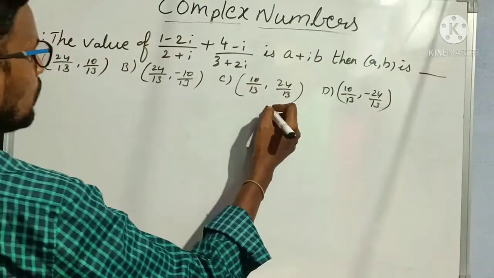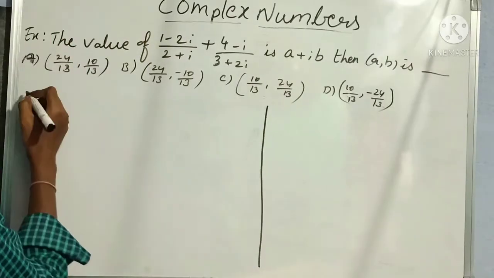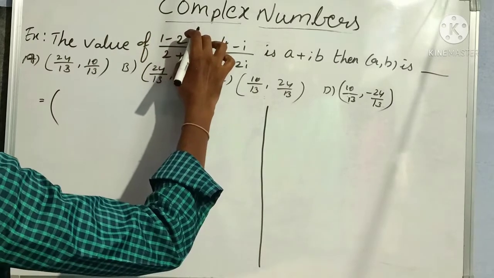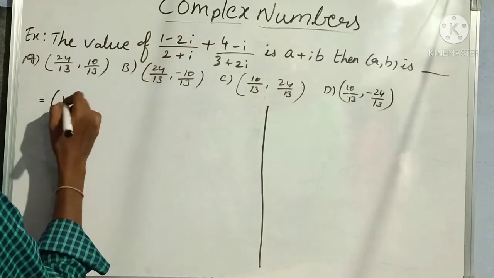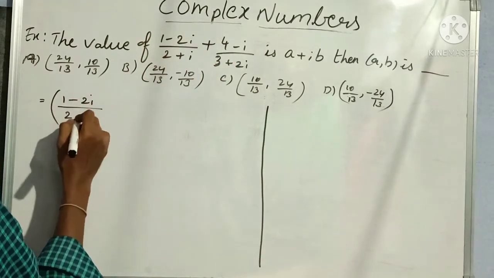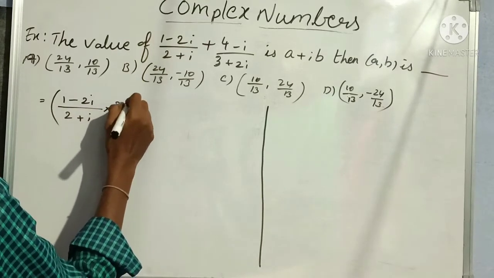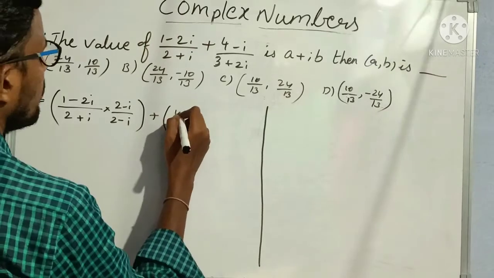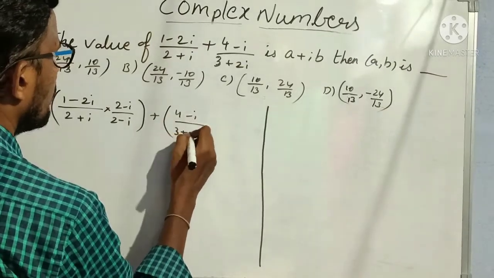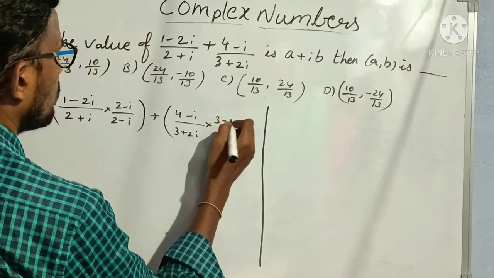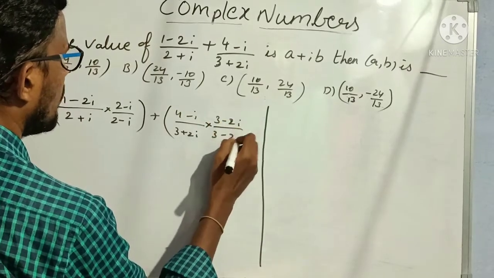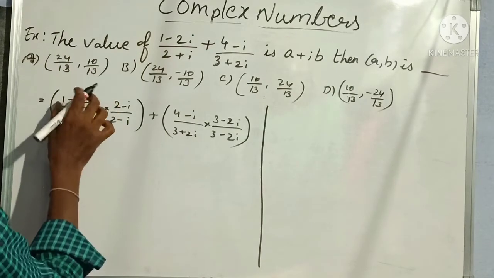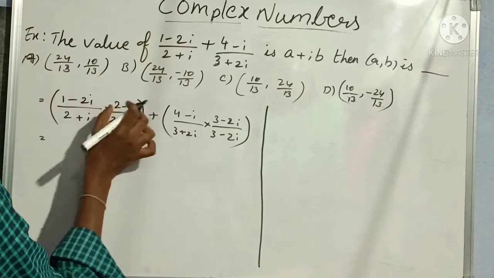Now let me divide my board into two parts, and directly I will take the conjugate of the denominator first. So (1 minus 2i by 2 plus i) into (2 minus i by 2 minus i) plus again (4 minus i by 3 plus 2i) into (3 minus 2i by 3 minus 2i). As I have said, the product of two fractions is product of numerators by product of denominators.